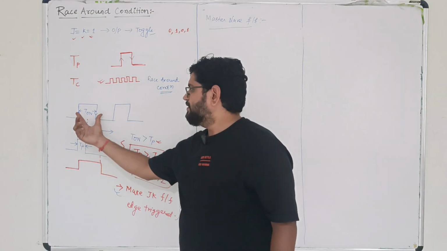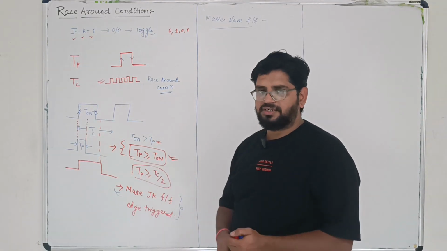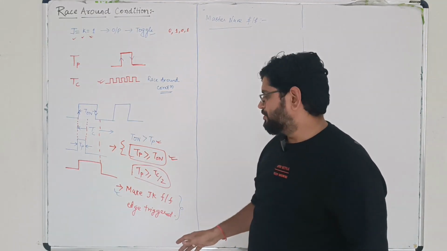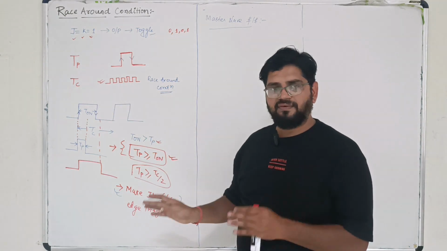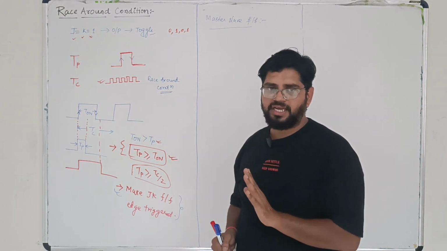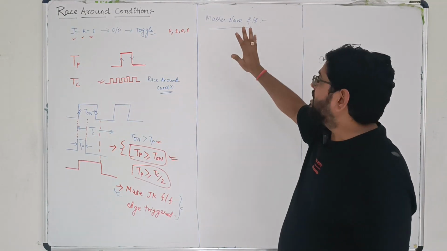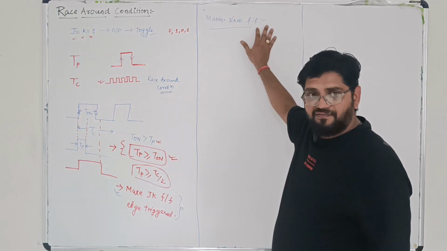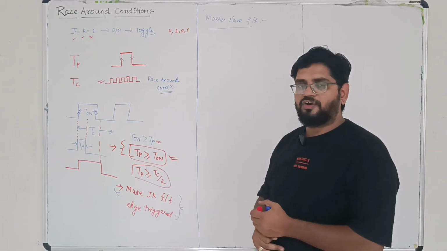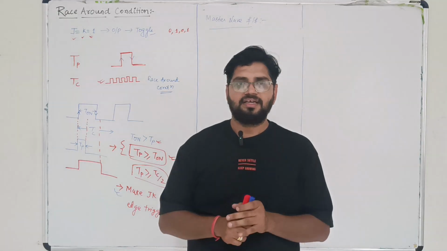The first case is if you make TP much larger than T on, then automatically that problem will be resolved. The second thing is, do not allow the JK flip flop to work on level. Try to make it work on edge. If such is the condition, your race around condition will be resolved. And third and most important thing is using the master-slave flip flop. Use of master-slave flip flop for resolving race around condition will be discussed in detail in the next video.